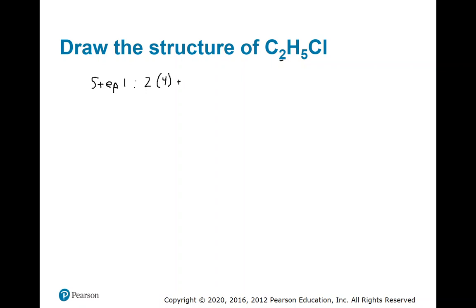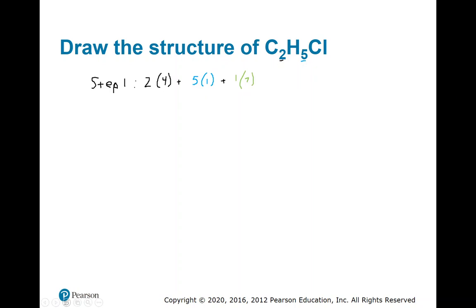plus we have 5 hydrogens, so 5 times the number of valence electrons in a hydrogen atom, which is 1. And then to that, we're going to add the number of valence electrons from 1 chlorine atom, which, since it's a halogen, will be 7.